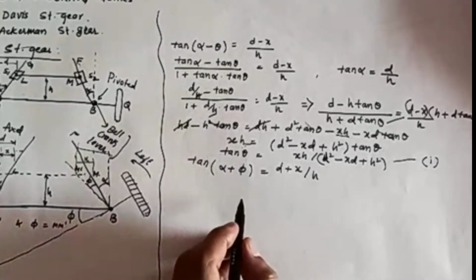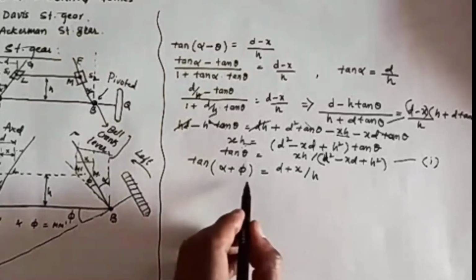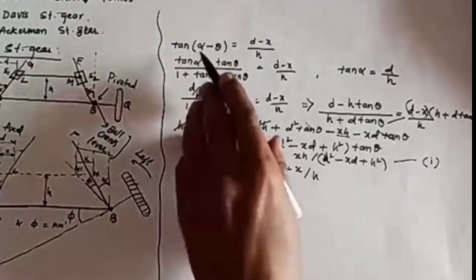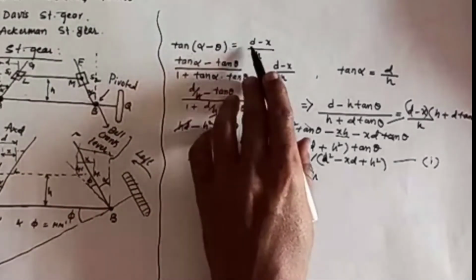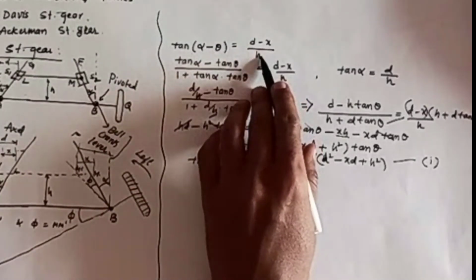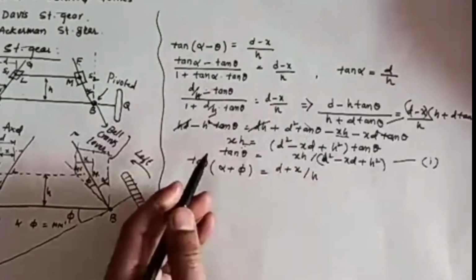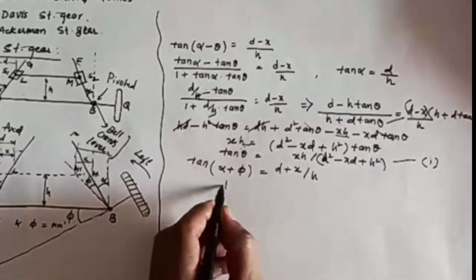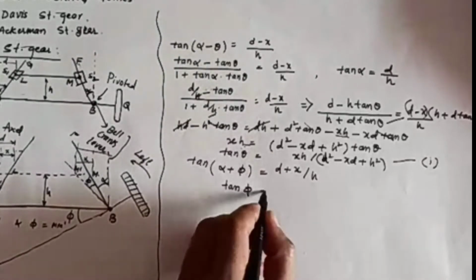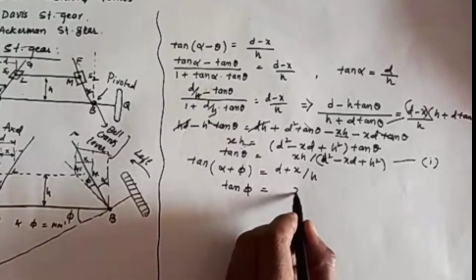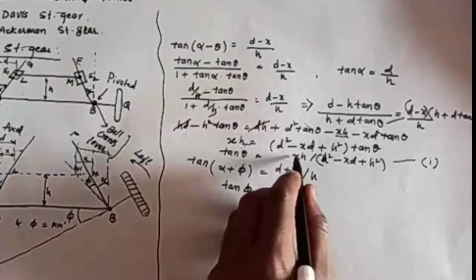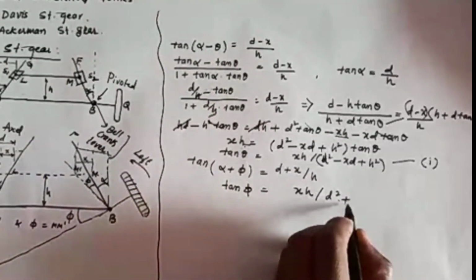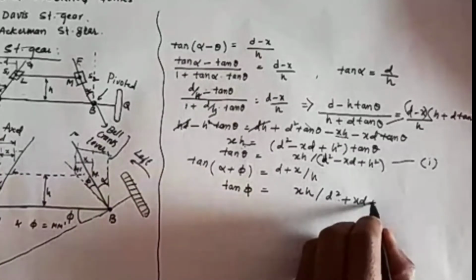Now it can also be written in the same form. If you solve with the same procedure, tan alpha minus theta is equal to d minus x by h. If you solve with the same steps, you will get tan phi is equal to xh by d square plus xd plus h square.